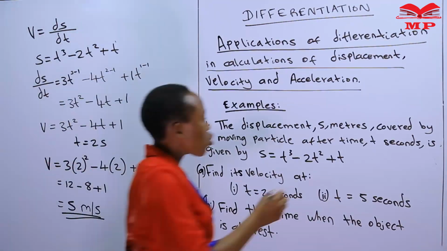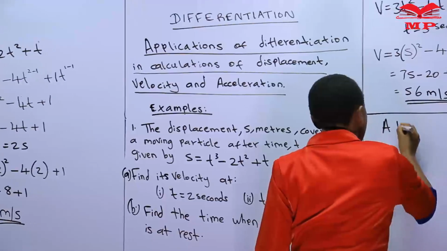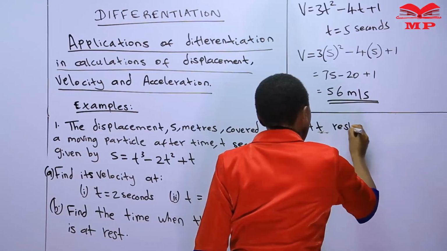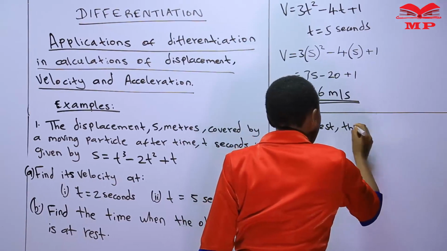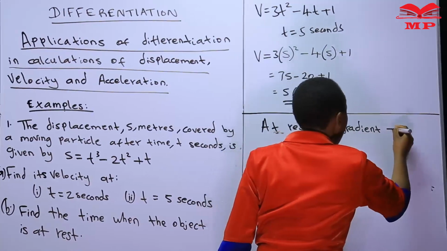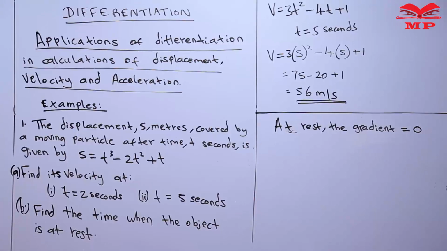And therefore, you should note clearly that when it is at rest, the gradient is equal to 0. At rest, the gradient is equal to 0.